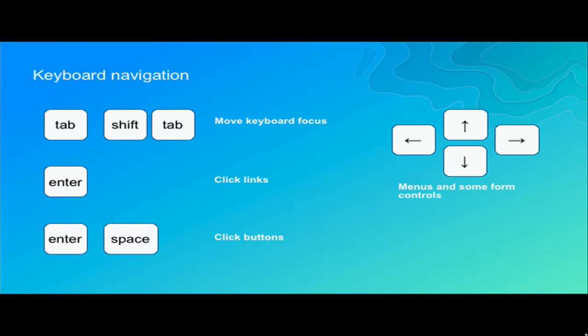The way you click links using keyboard only is to press Enter. And for buttons, you can use Enter or Space. And sometimes for menus or for option radio buttons, you can use the arrow keys. But that's really it. So keyboard users rely on those keys to use the page.